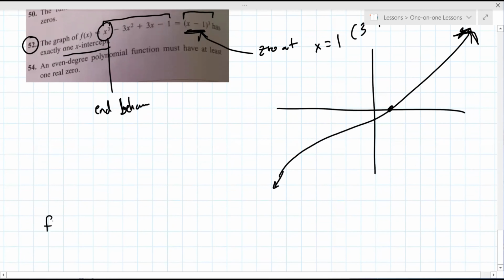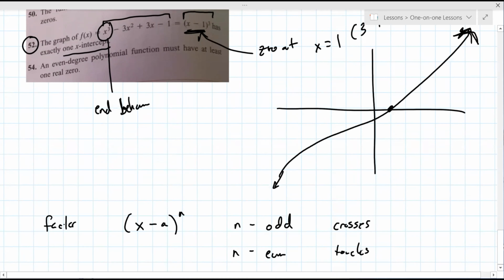When you have a factor x minus a to the n, if n is odd, that means it crosses. If n is even, it touches. So in your case here, because n is odd, n is 3, it crosses.